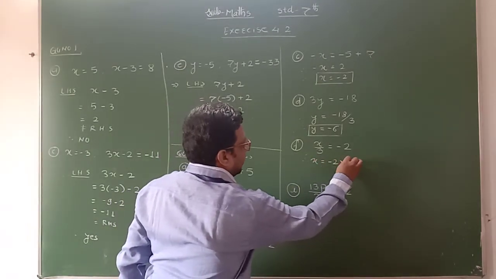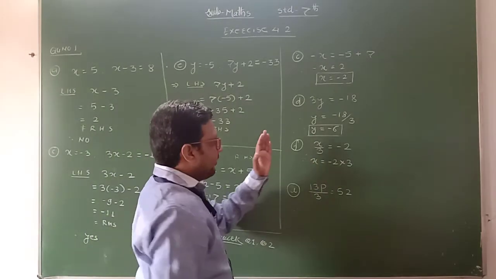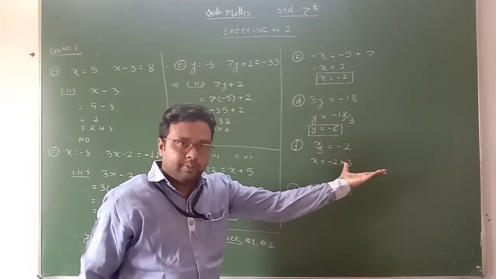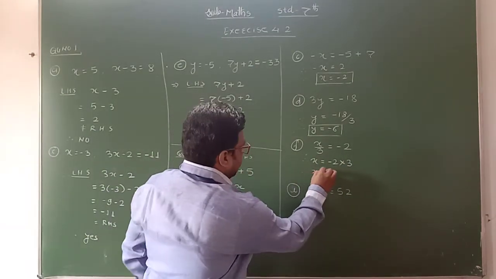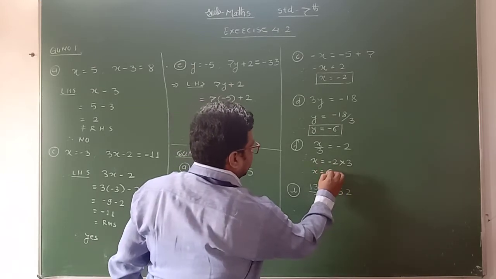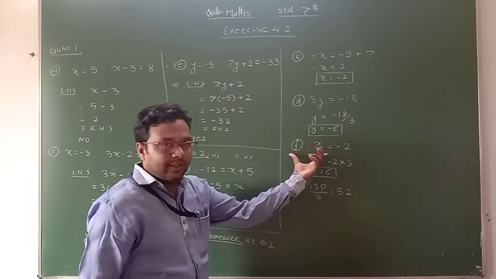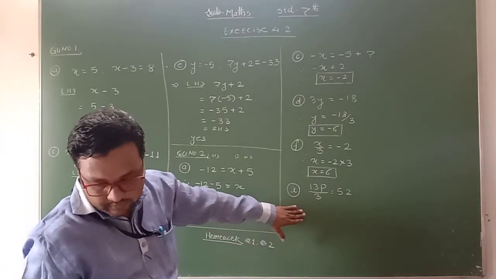Minus 2 into 3. Clear? It is in division. When we transfer to the other side of the equal sign, it will come in multiplication. Okay. Therefore x is equal to minus 2 into 3, that is minus 6. x is equal to minus 6 is the answer of the given equation. Then see the next example.